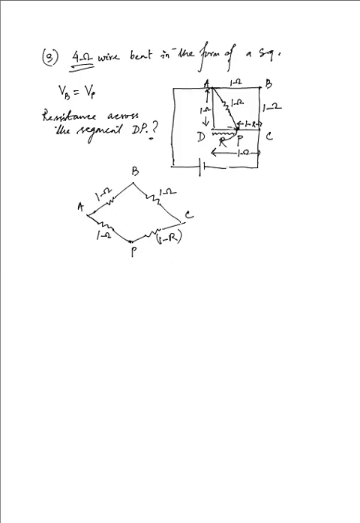And between A and P, what we have added is a resistance of 1 ohm over here, and what remains is A and D. They have been just merged together. Between A and P over this side, we have 1 plus R, because that remains in series now.